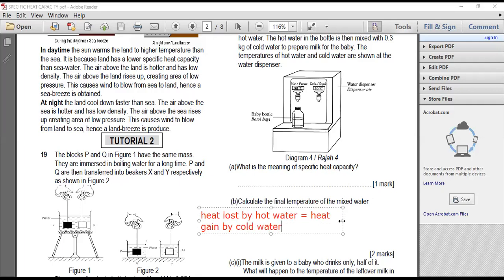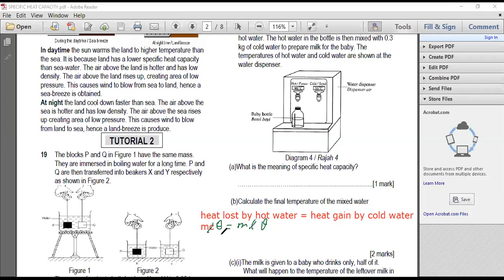So it becomes mc theta equals mc theta. Since it is water and water, you can cancel the c.